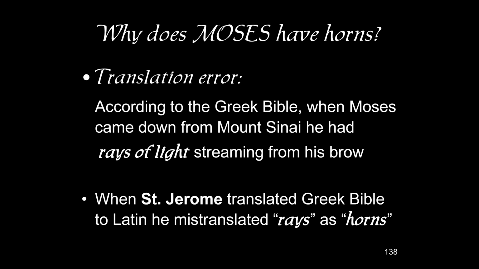Evidently, the word for rays or beams looked a lot like the word for horns, and Jerome just wrote down the wrong word. So anytime someone reads the Latin Bible, they read that when Moses came down from Mount Sinai, he had horns on his brow. And during the Middle Ages, you will find manuscripts where Moses has horns.